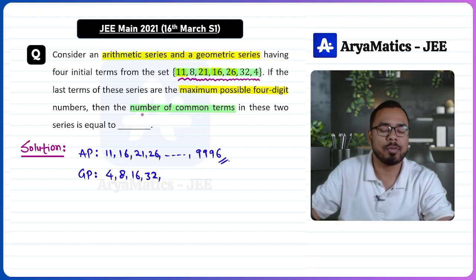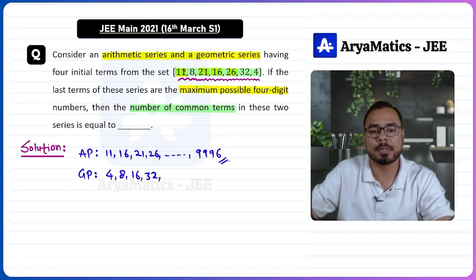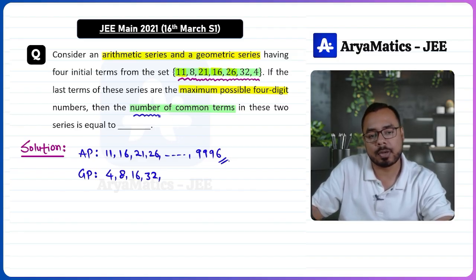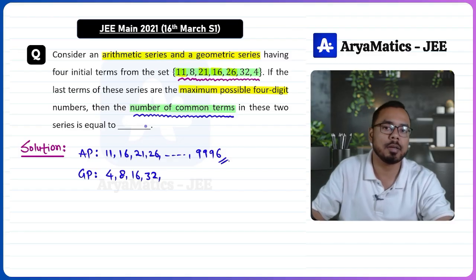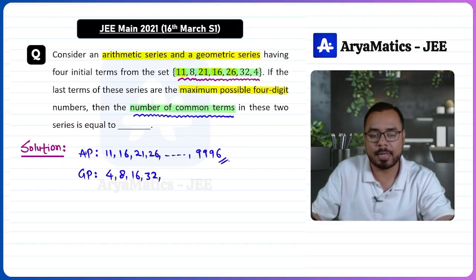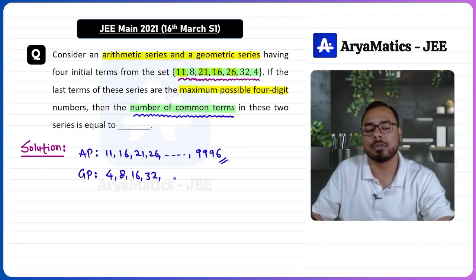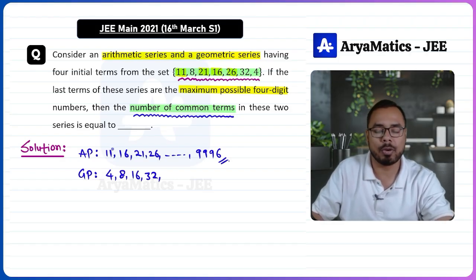Okay. And then we have to identify how many common terms there are between the arithmetic progression and the geometric progression. Now, see here, if I had two arithmetic progressions, then we have a standard technique for finding the common terms of those two APs. But here, one is an AP, another one is a GP. So there is no formula to find the number of common terms.